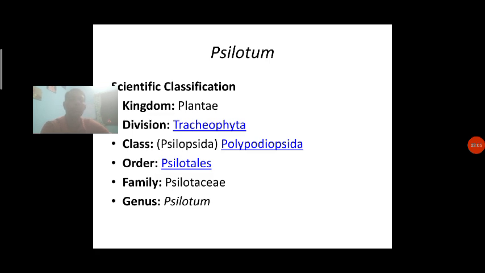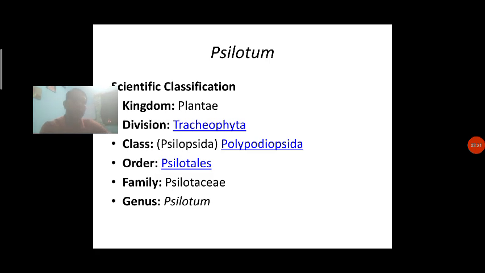The most important thing is the division. Psilotum is placed in the division Tracheophyta. Earlier it was known as Xylophyta, and later on it was included in the new division, Tracheophyta.